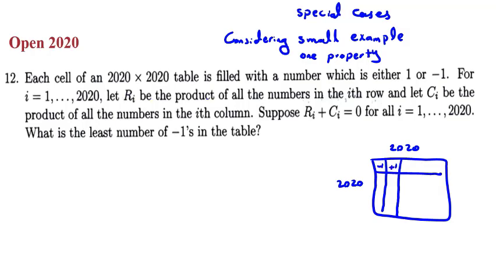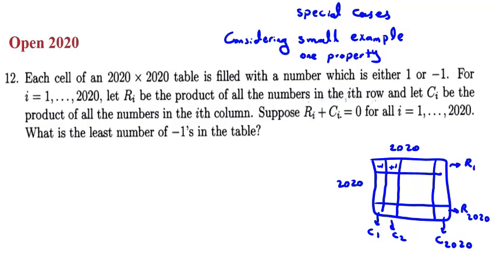And let Ri be the product of all the numbers in the ith row. So if you take the product of all here, it will be R1, and the last one will be R2020. And for columns, it says let Ci be the product of the numbers in the ith column. So C1 is this, C2 here, up to C2020.